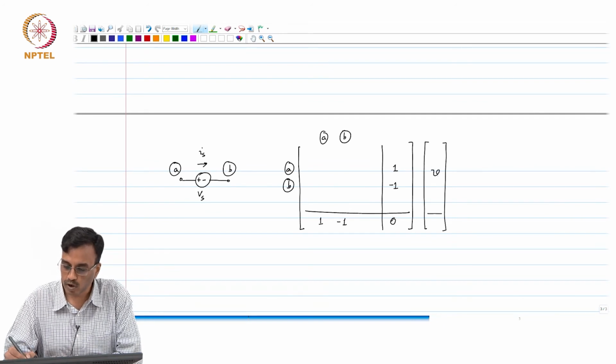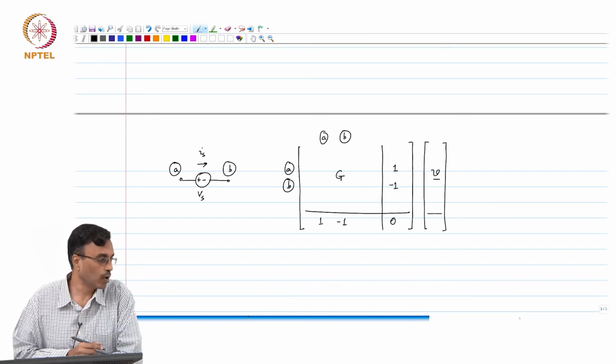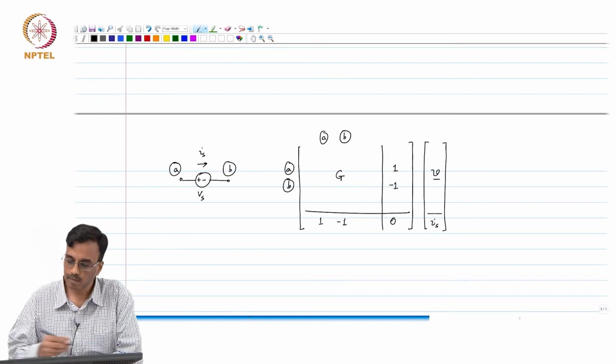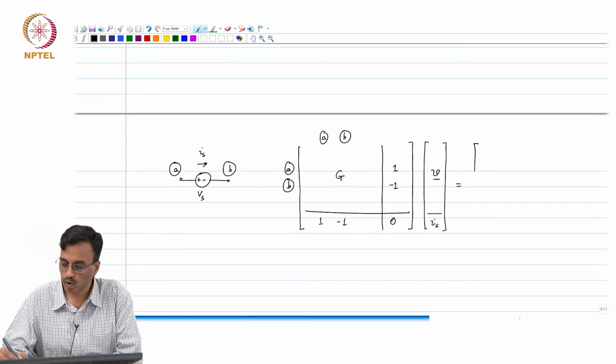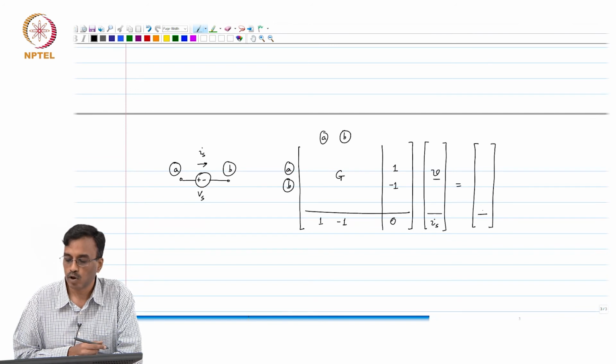So, this is the node voltage vector. This is the original conductance matrix of the network, stripped of all independent current sources and voltage sources, and then you have this new variable Is, and this is equal to what? What should you have here?